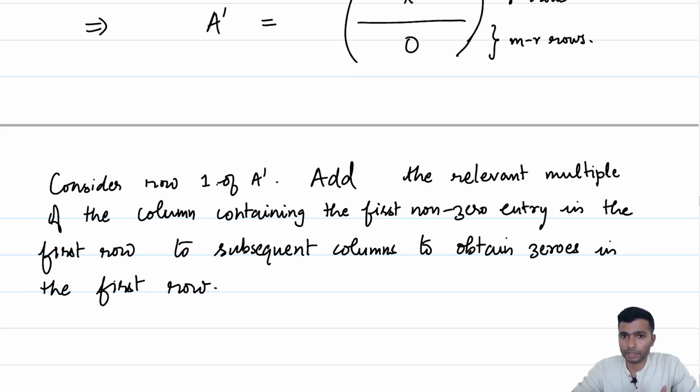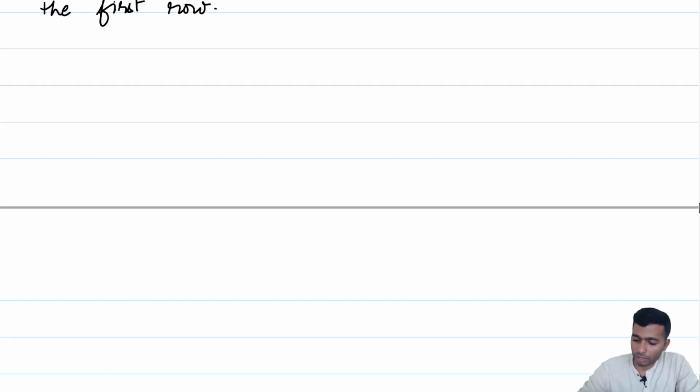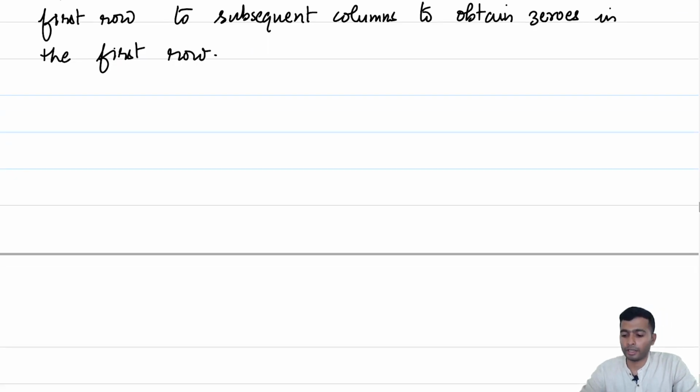Notice that this does not affect subsequent entries in those columns, because in the row echelon form every entry below the 1 is 0. So after this column operation, the first row will have 1 in one entry and 0 elsewhere.